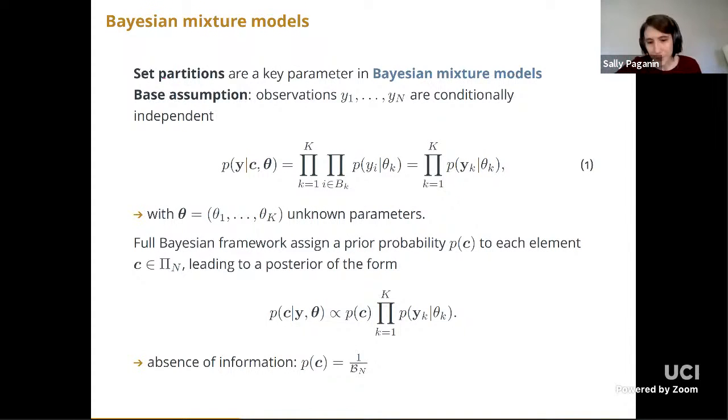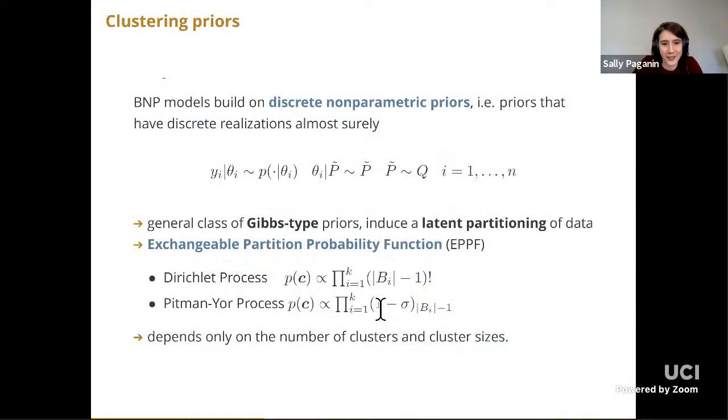Great. So, as putting a uniform prior is hard to do in practice, usually people rely on, for example, discrete nonparametric priors, which are priors that are discrete almost surely. And I'm talking about, for example, the general class of Gibbs-type priors that typically induce a latent partitioning of the data.